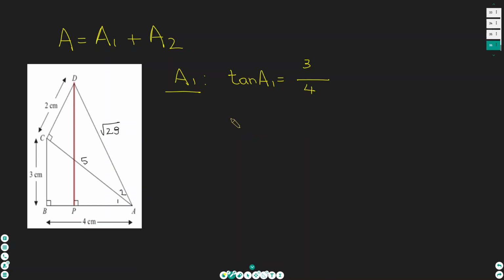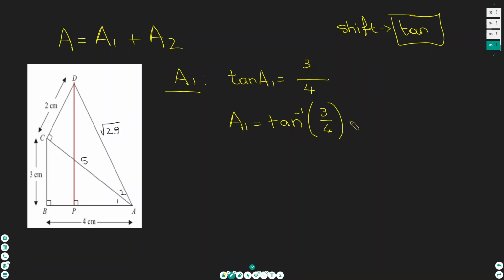Taking the inverse function on the calculator, the inverse function can be found by pressing Shift together with the tan key. The calculator finds the angle for you. So this is the angle 36.9.